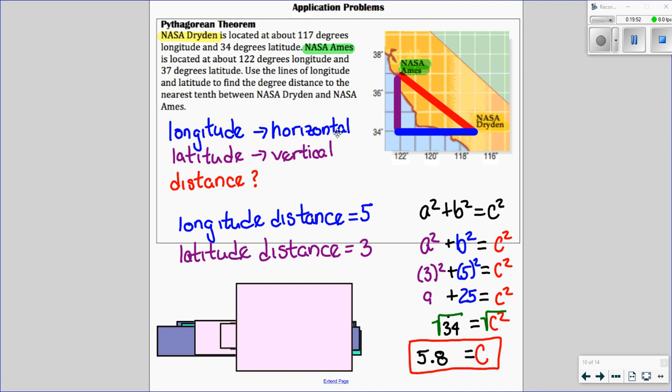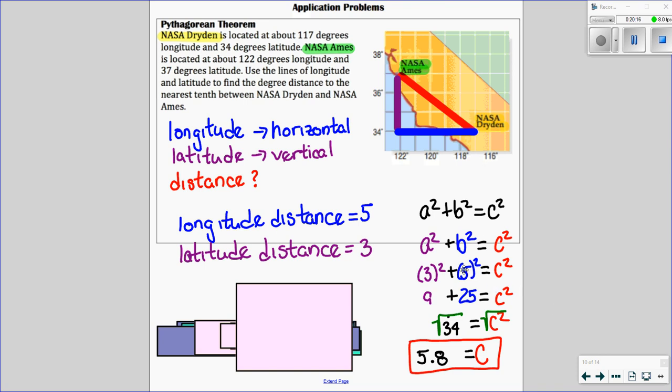Since they're looking for a degree distance, you need an actual value. You're not going to say the distance is square root of 34. In this case, you give me the decimal. Since it says to the nearest tenth, it will be 5.8 as the degree distance from NASA Ames to NASA Dryden.